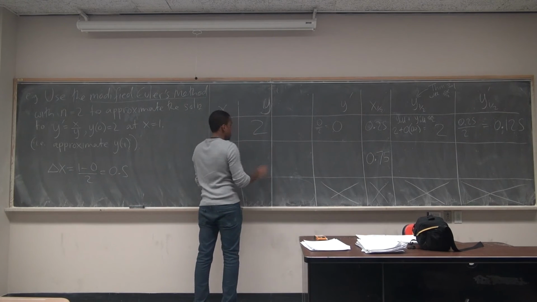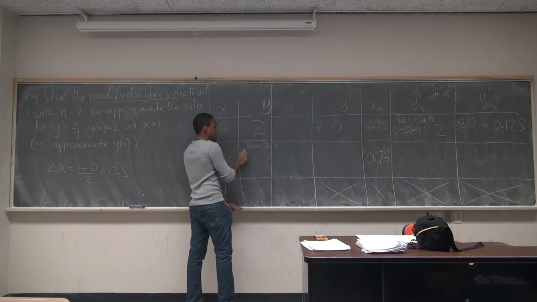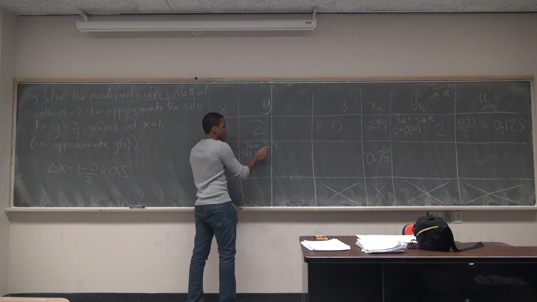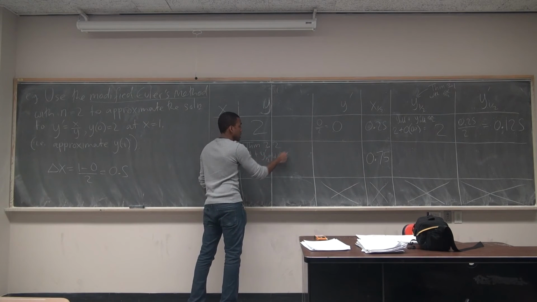Now here onwards, I'm going to be using theorem 3.2. I'm going to take the y old plus the y prime half old times delta x.